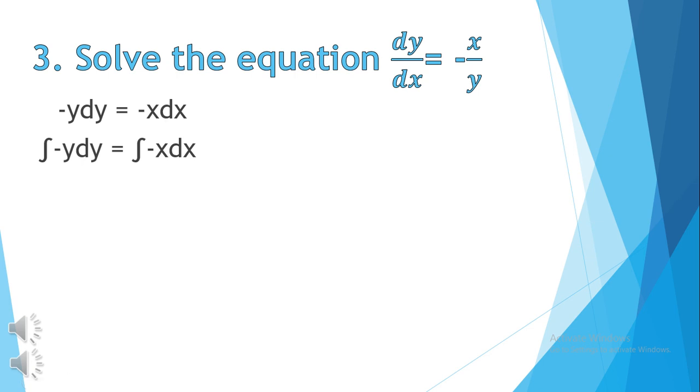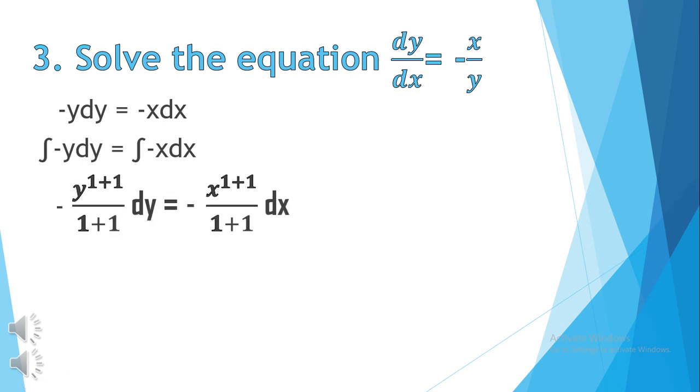Add 1 to the exponent and we get negative y to the power 1 plus 1 over 1 plus 1 dy equals negative x to the power 1 plus 1 over 1 plus 1 dx.